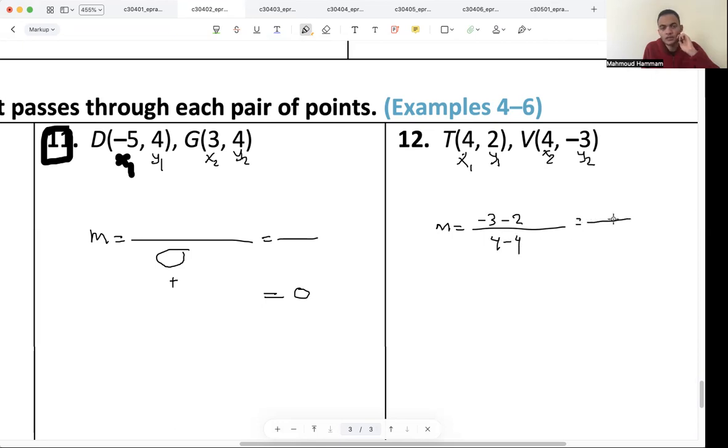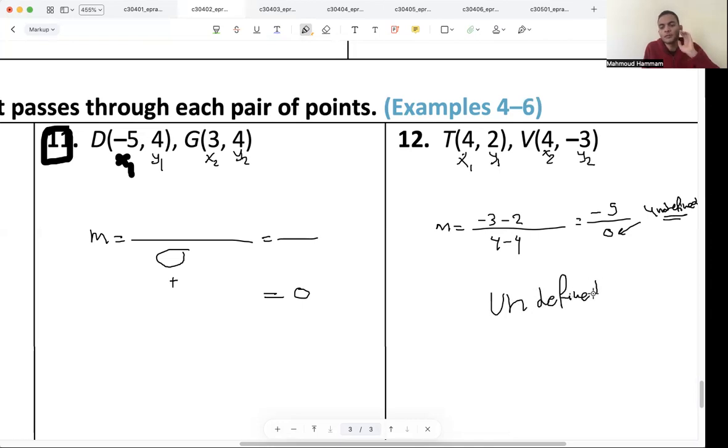So negative 3 minus 2 is negative 5 over 0. Whenever I have 0 in the denominator, this means the slope is undefined. So you can say that the slope is undefined.